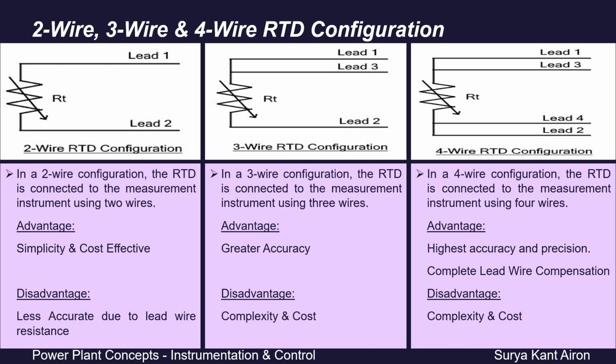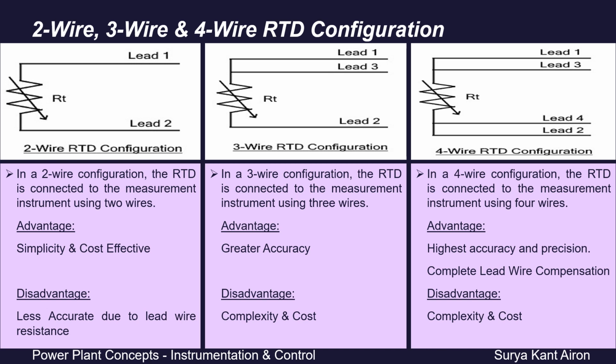Lead wires or connecting wires resistance plays an important role in the accuracy of the RTD instrument. The term 2-wire, 3-wire, or 4-wire refers to the configuration of the wiring used in connecting these RTDs to a measurement or control circuit. Each configuration has its own advantages and is chosen based on factors such as accuracy requirement and the need to compensate for lead wire resistance.